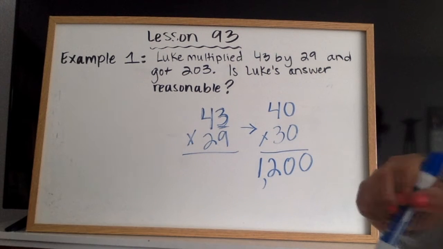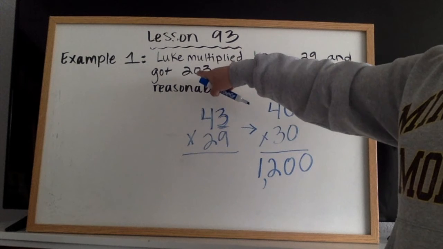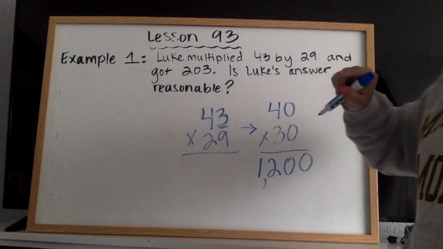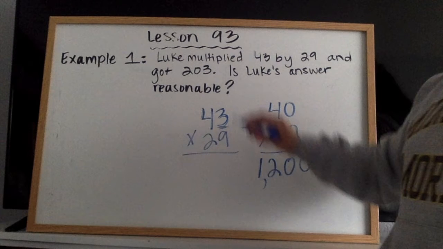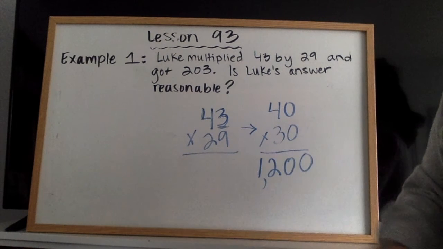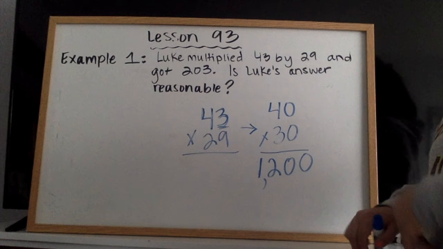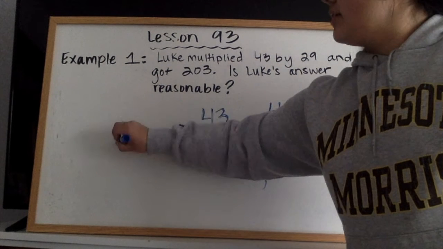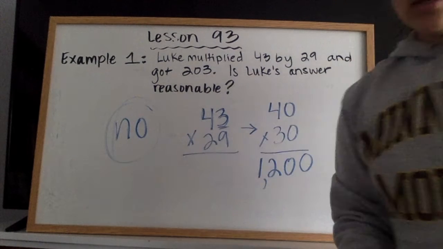So if I go back up to the problem, it says that Luke got 203. Is that reasonable? No, it's not. 203 and 1,200 are way off. That is not a reasonable number. So the answer in this case would be no.